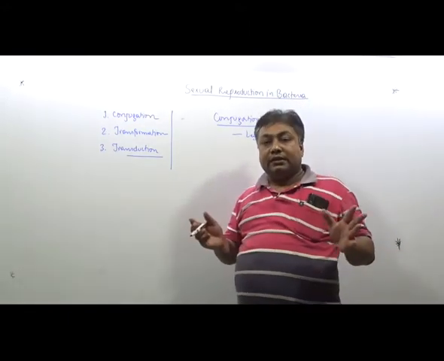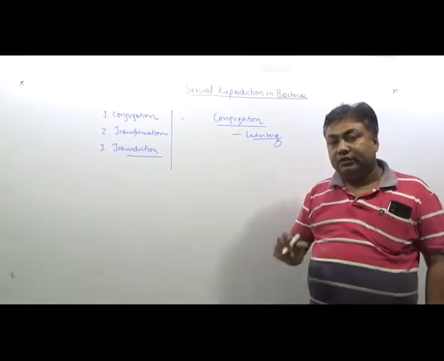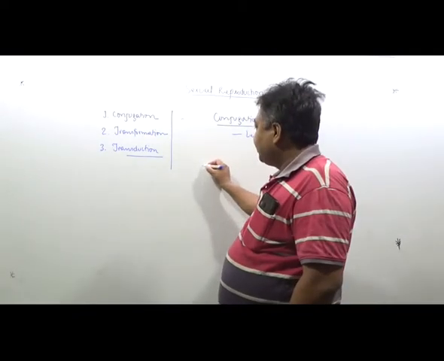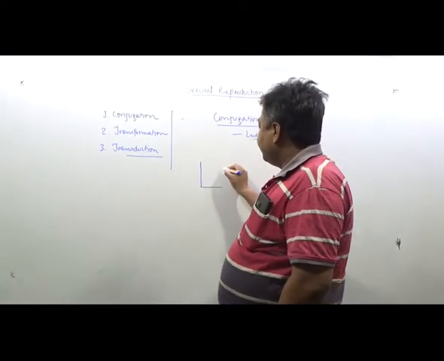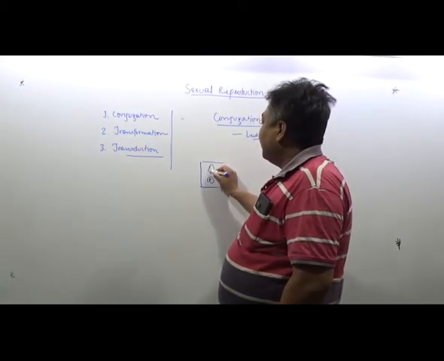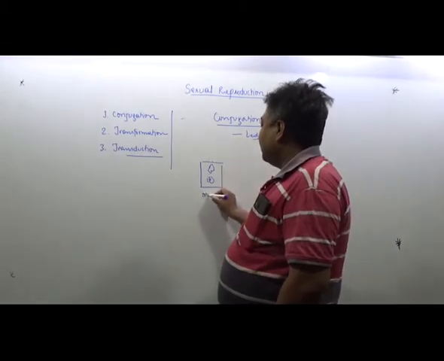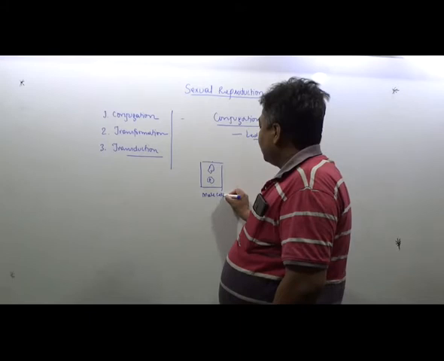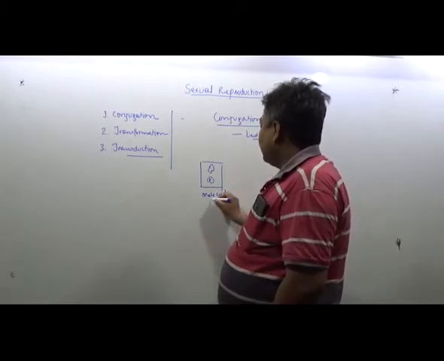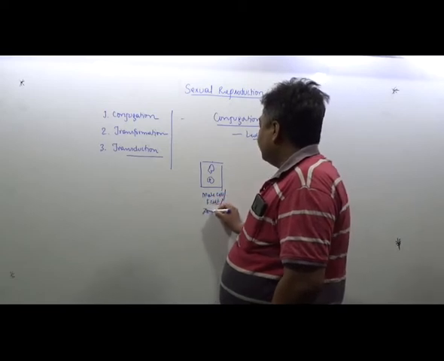Some pili are greater in length and form a conjugation tube during conjugation. A bacterium which has F plasmid apart from the main genome is known as a male cell or F plus cell or donor cell.